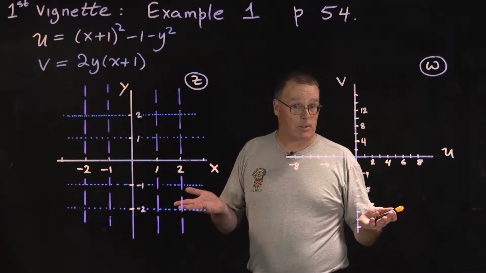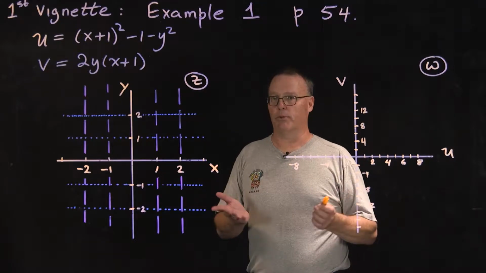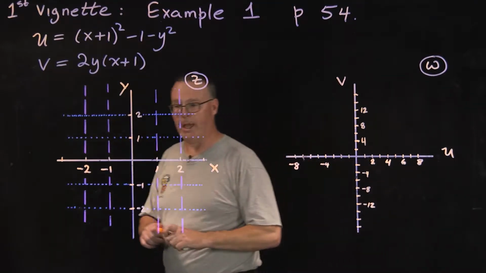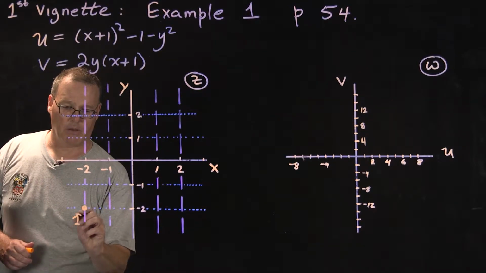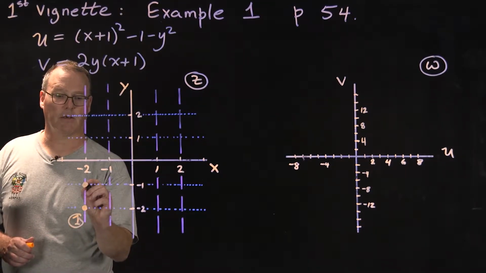But let's just go ahead and do it in the most brute force way possible. I'm actually going to look at the grid points here. I'm going to number this one the first grid point. This is the second grid point.